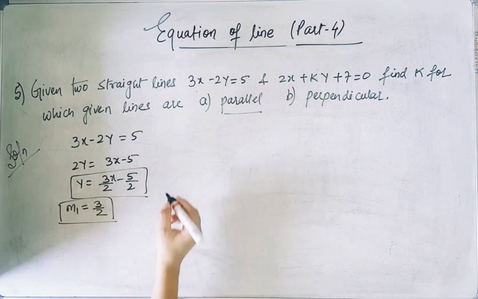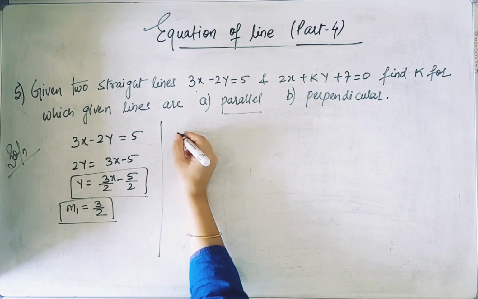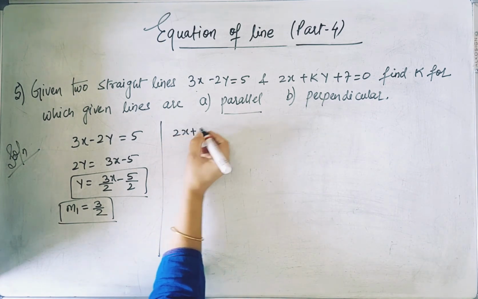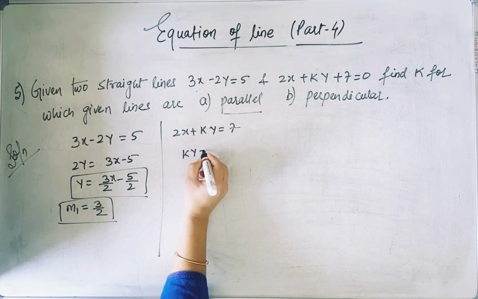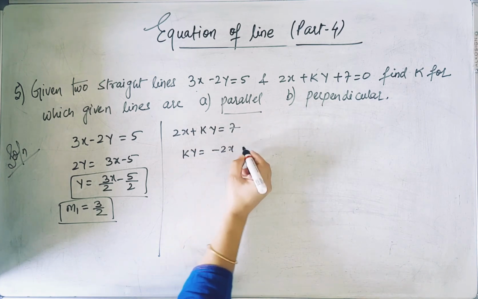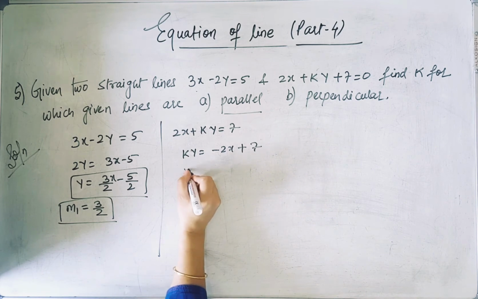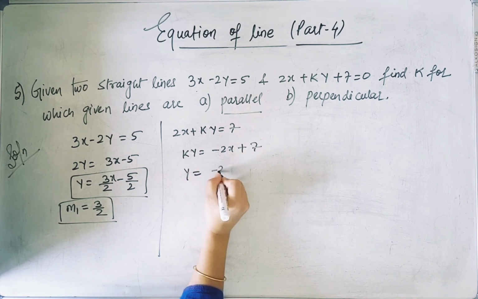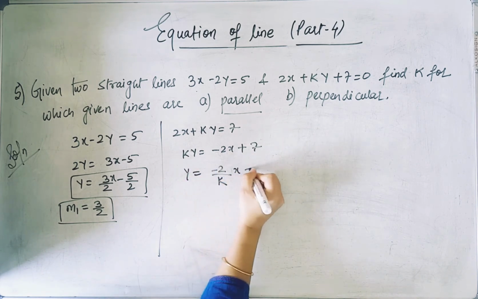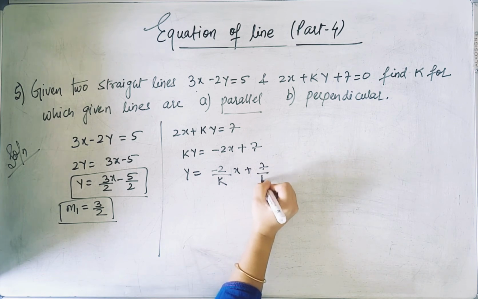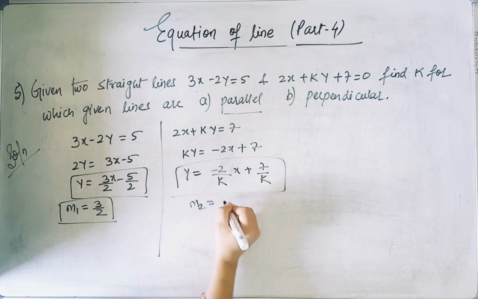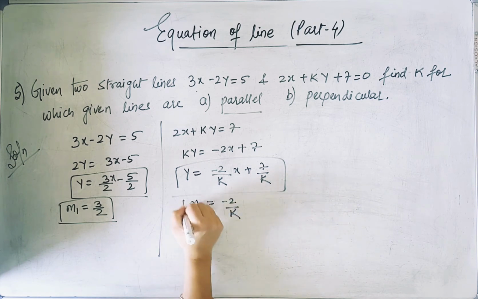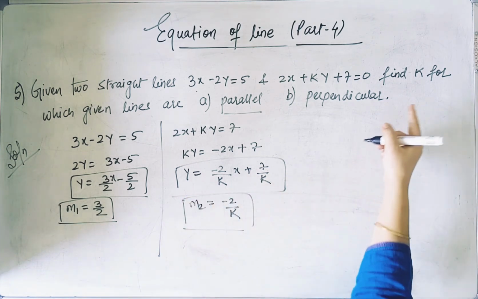Now for the second line, the slope: 2x plus ky equals minus 7. So ky equals minus 2x minus 7. So y equals minus 2 by k x minus 7 by k. In this case, m2 is what? Minus 2 by k. Now we have to find k.